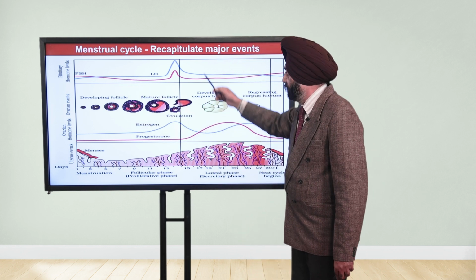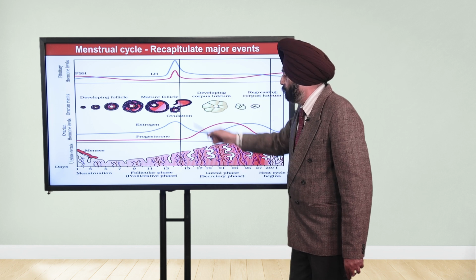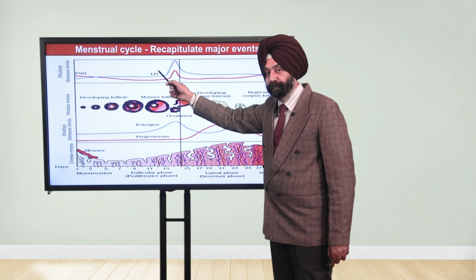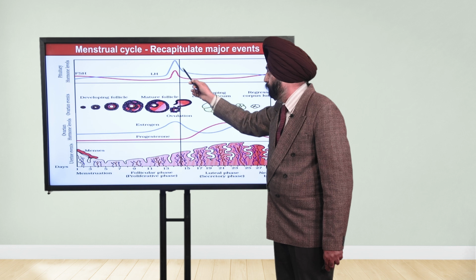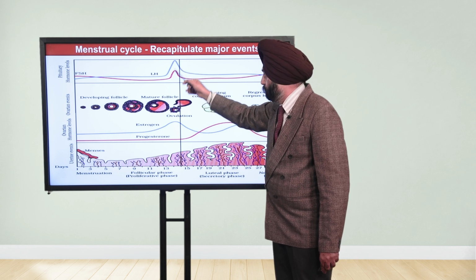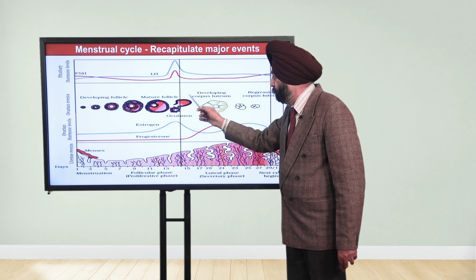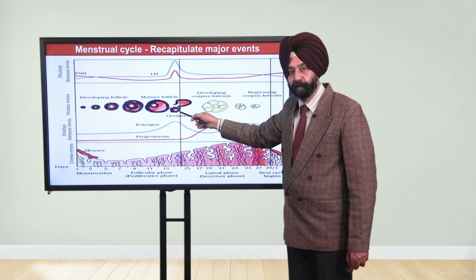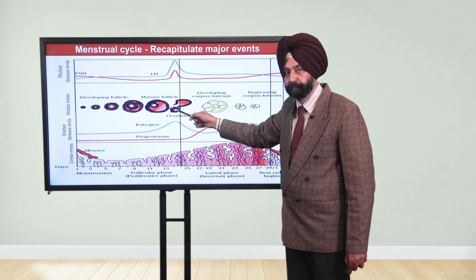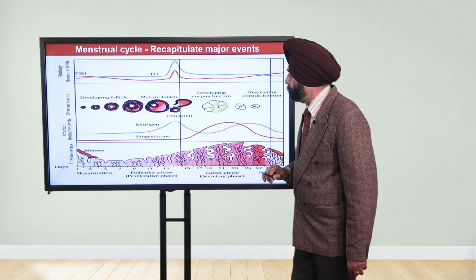Again, focus, in the middle of the cycle there is another hormone called LH. It surges here, increased concentration. This results into release of ovum from the Graafian follicle. Again, see one more thing.